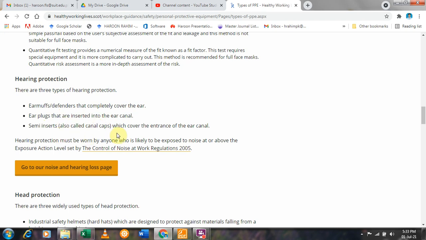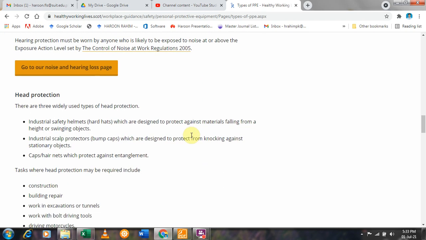Semi-insert, also called canal caps, which cover the entrance of the ear canal. Similarly, head protection. There are three widely used types of head protection: industrial safety helmets, industrial scalp protectors that I told you earlier, caps and hair nets or hair cages which protect against entanglement.